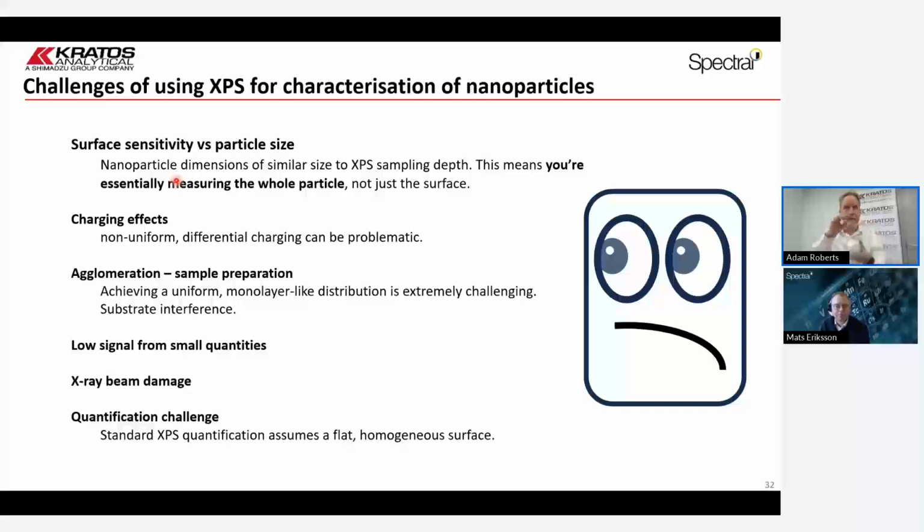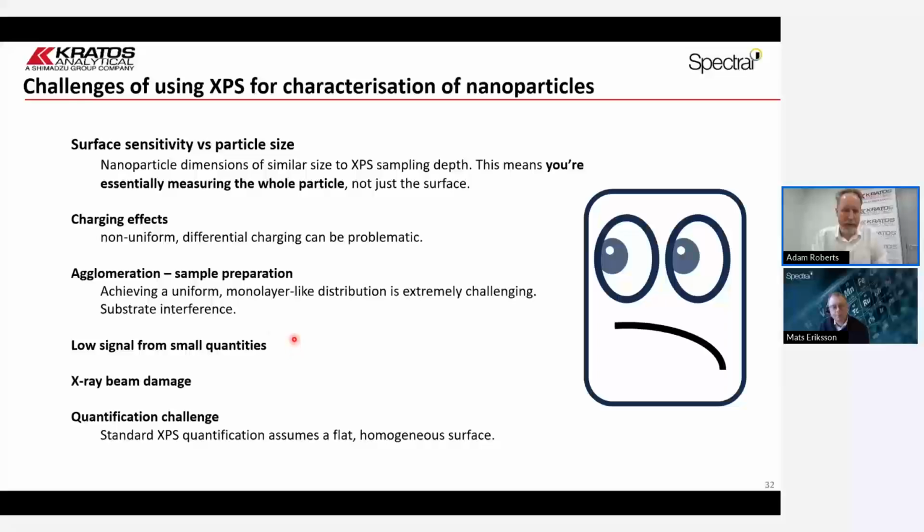Obviously, the sampling depth of the technique is very comparable to the actual size of the nanoparticles. You can get problems perhaps with charging. Non-uniform differential charging can be a problem. Then there is sample preparation, as nanoparticles tend to agglomerate.